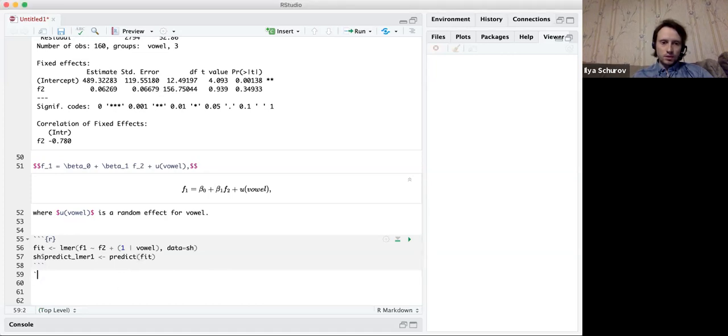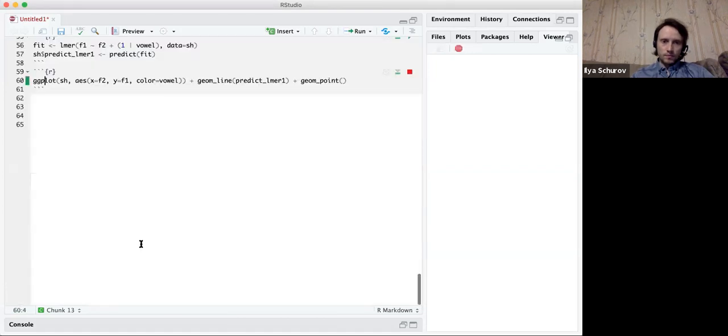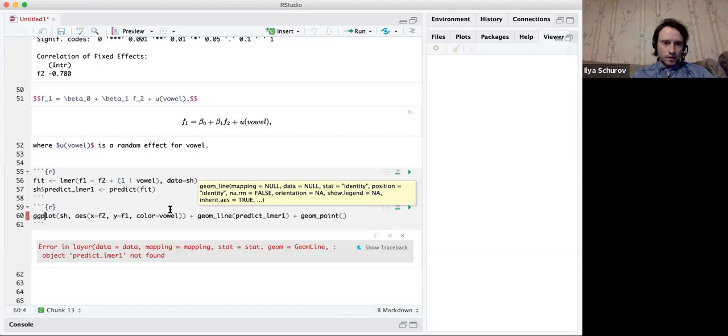This can be done using ggplot. Something like this. Okay, it doesn't work.